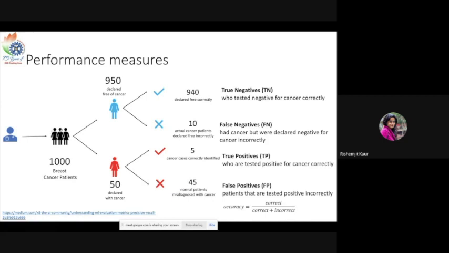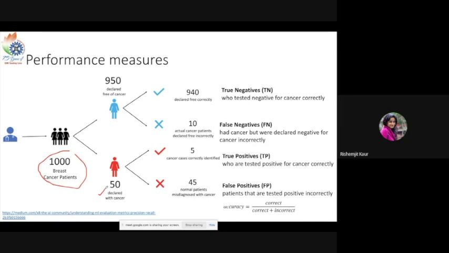Let's say we had 1000 patients, most likely breast cancer patients. Out of those, 950 have been declared free of cancer and 50 have been declared with cancer.